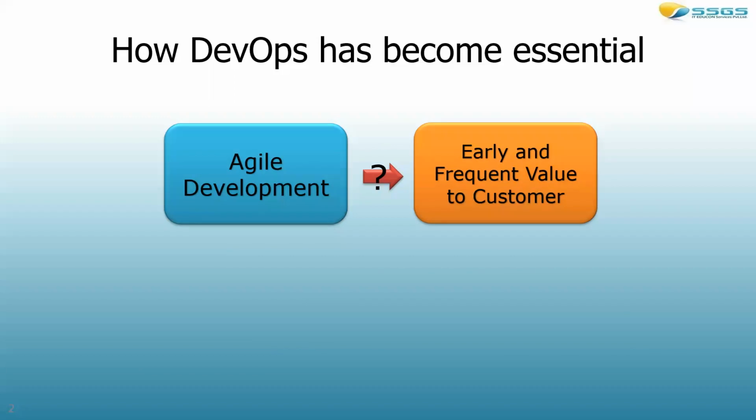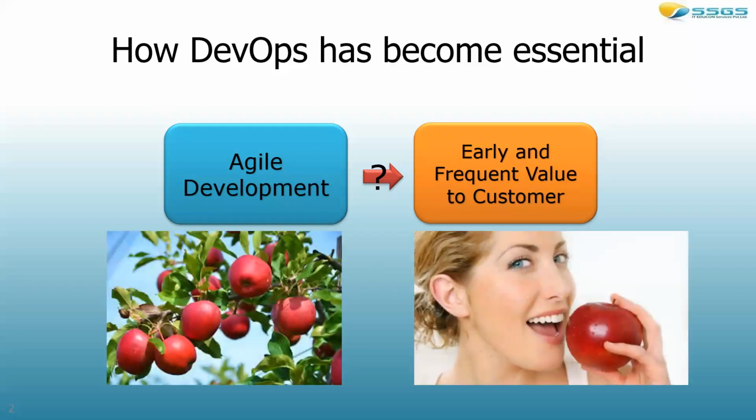Now, why is it that I'm saying it should, but it may not? There is a miscommunication between the creation of the software and the use of the software by the customer. The example here can be that the apples are ready in the orchard. Good, okay. But until they reach the customer, she cannot eat them.